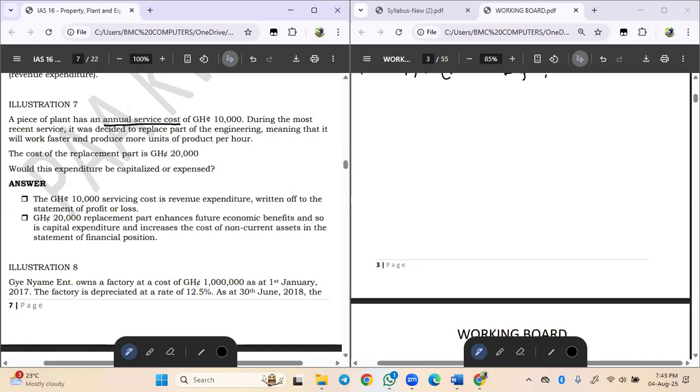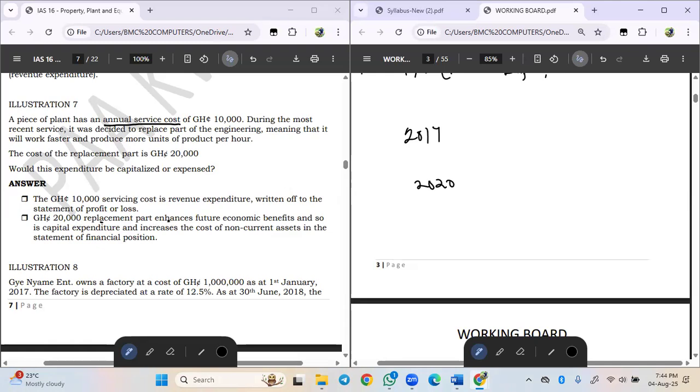Let's say we bought the asset in 2017 and the replacement happened in 2020. You have to calculate depreciation for 2017 as a whole, for 2018, and for 2019. Then if the replacement happened at the end of 2020, you have to calculate depreciation for the whole of 2020 before you can add the 20,000 to the carrying amount as at that date.